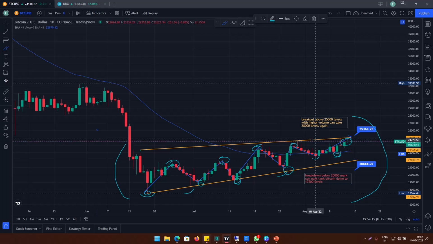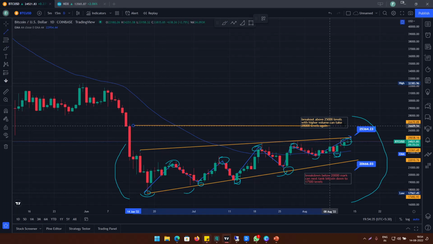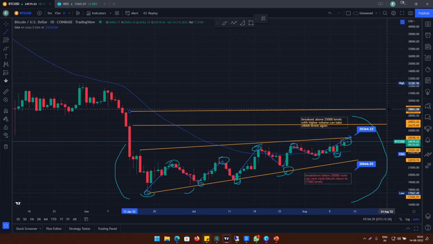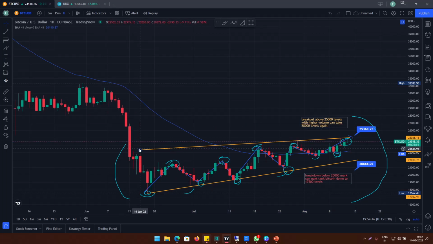Here, what we can do is make a buy above 25,300, because until the next heavy seller zone, which is at 26,000, gets activated, good profit margins can be captured. This is for the buy side analysis.